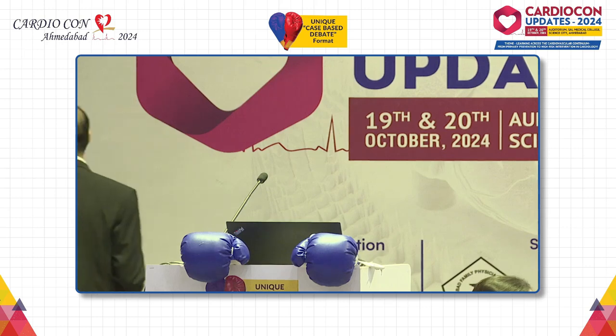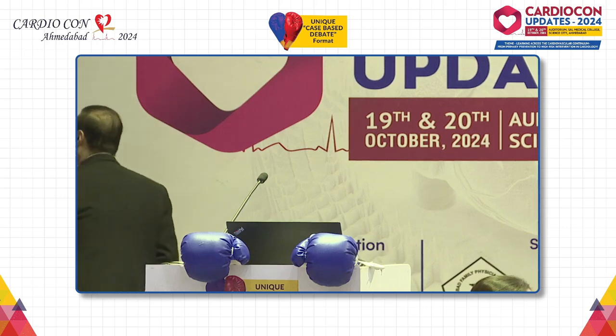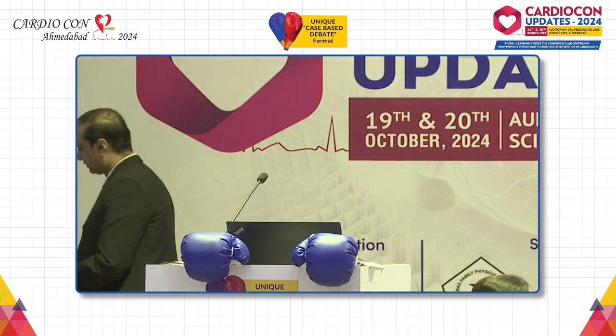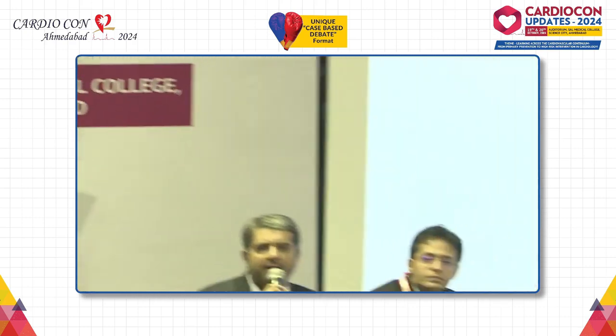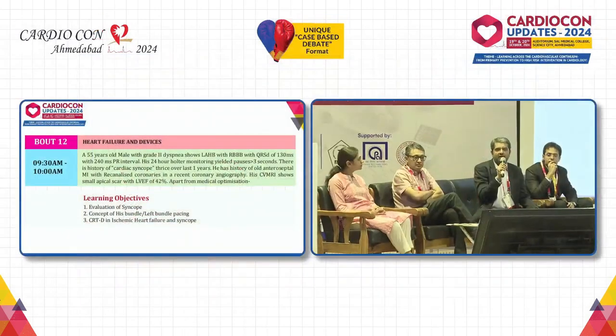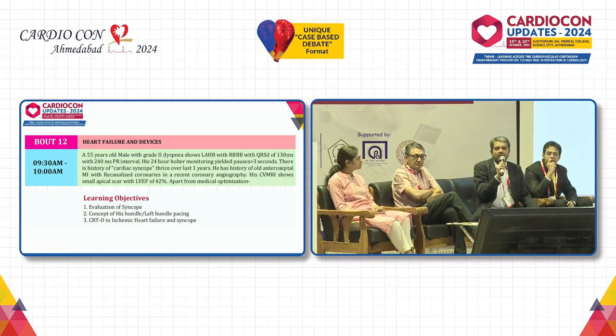The case presentation is a 55-year-old male with grade 2 dyspnea showing a left anterior hemiblock along with an associated right bundle branch block. So a typical bifascicular block with a QRS duration of 130 milliseconds, but with a PR interval on ECG of 240 milliseconds. His 24-hour Holter, the long-term rhythm monitoring, yielded pauses of more than 3 seconds.